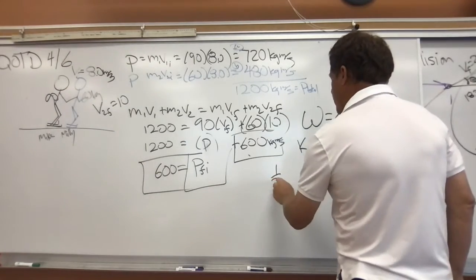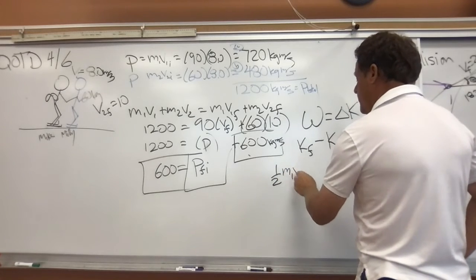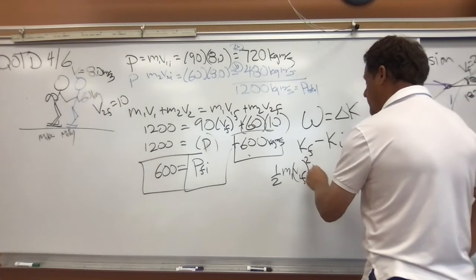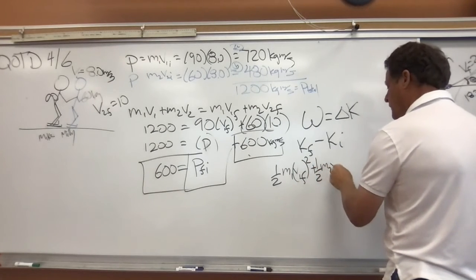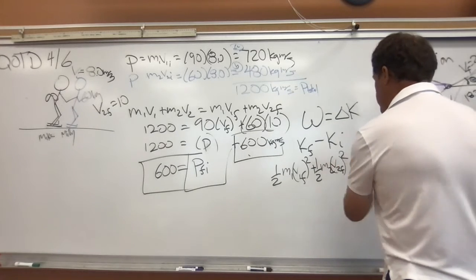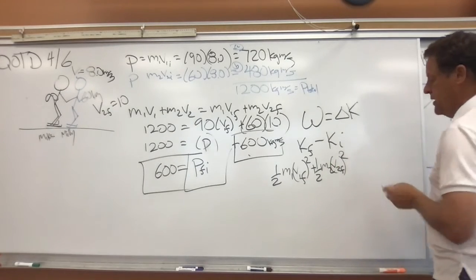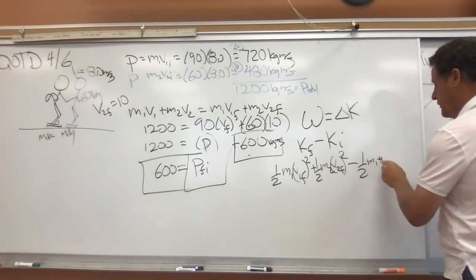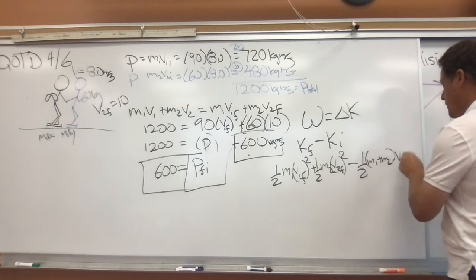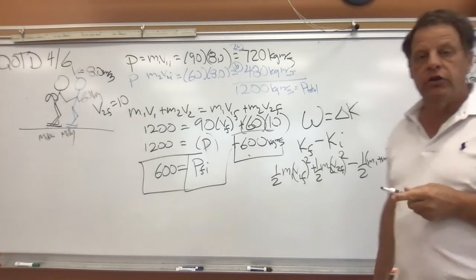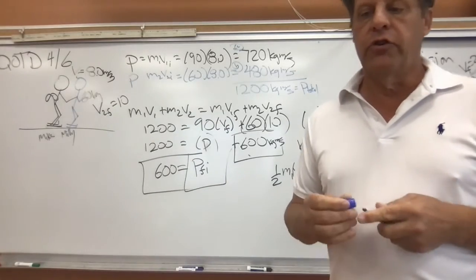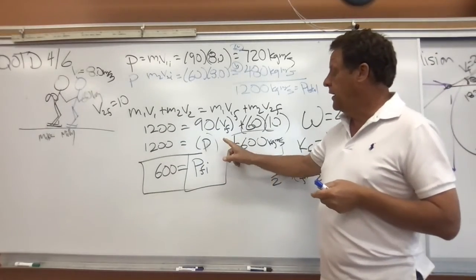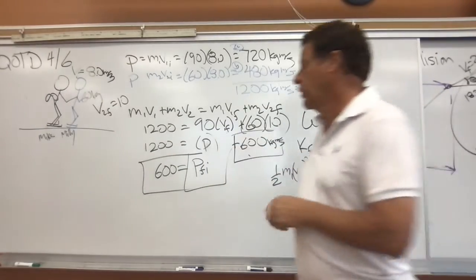So that's going to be 1/2 m1 v1 final squared plus 1/2 m2 v2 final squared, minus 1/2 (m1 plus m2) v initial squared, because initially they are together. In order to determine this, we need to know the final velocity of Mike.